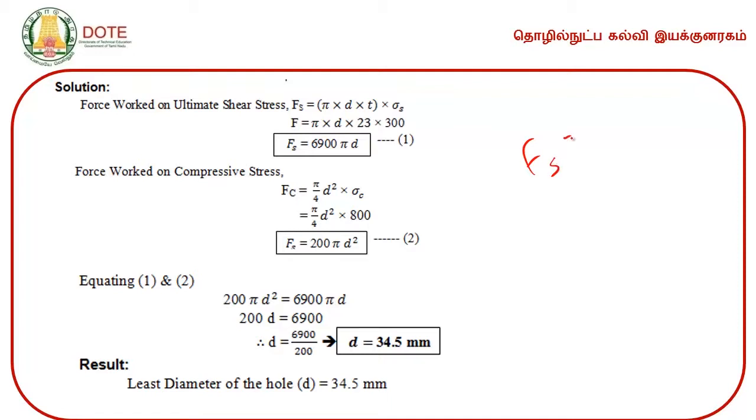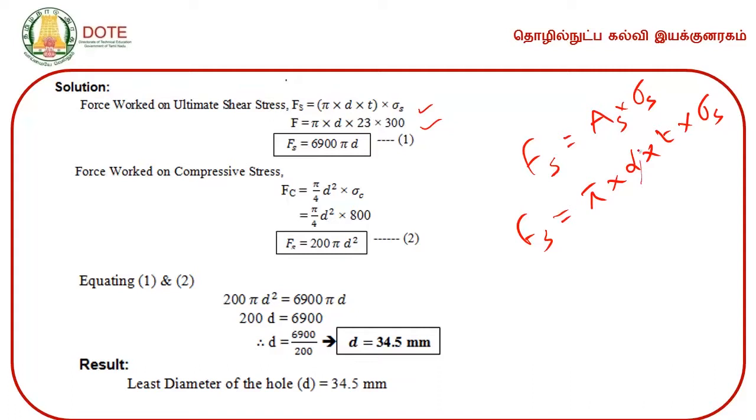Fs is given by area resisting the shear stress multiplied by ultimate shear stress. Area is pi into d into t, into ultimate shear stress sigma s. This is going to be the shear force required to punch the hole in the plate.